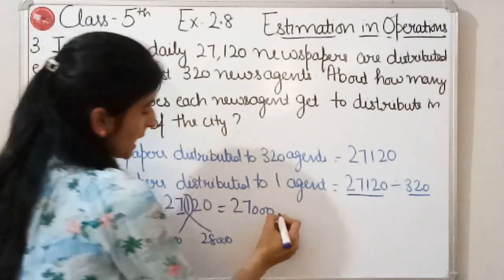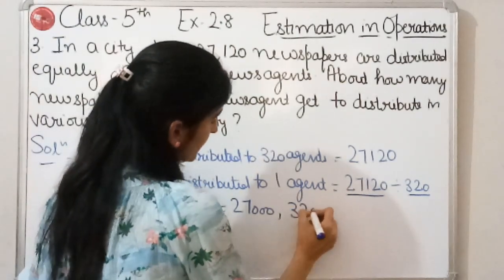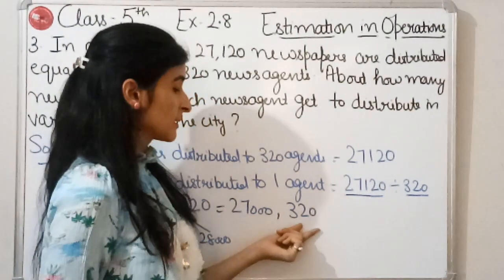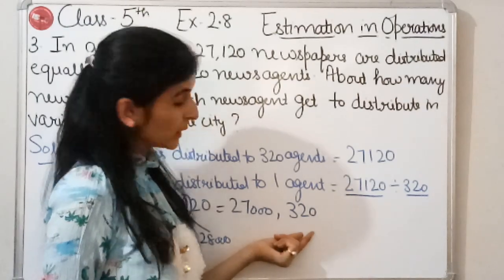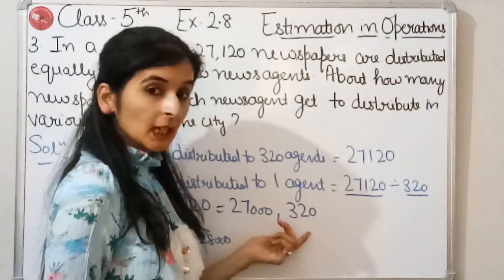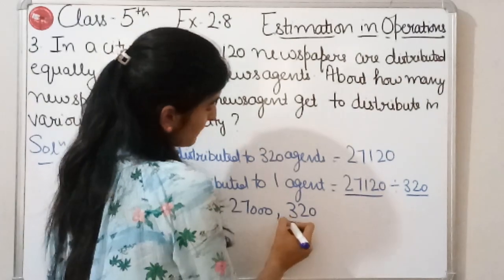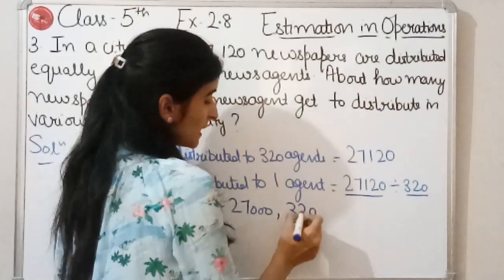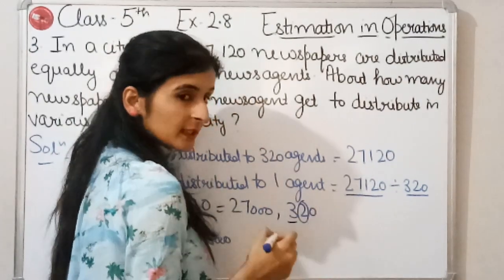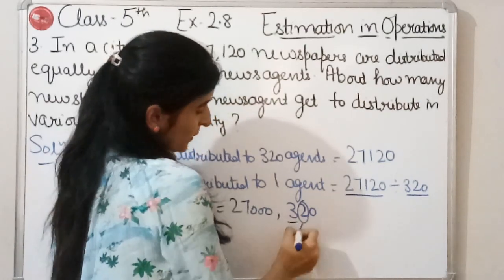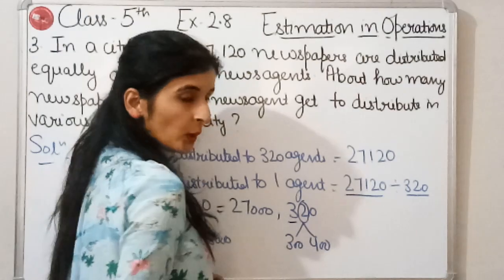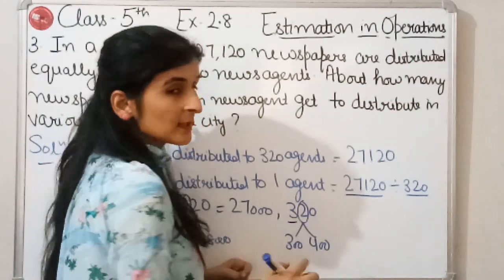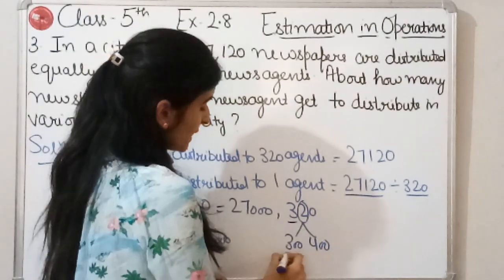After that we have 320. This 320 cannot be rounded off to the nearest 1000, so it will be rounded off to the nearest hundreds. So on the hundreds place it is 3, and on the right-hand side there is 2. Now it lies in between 300 and 400. Now this 2 is less than 5, so it will be rounded off to 300.